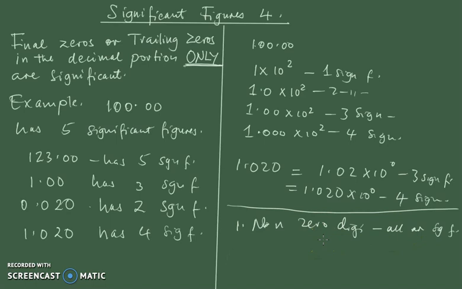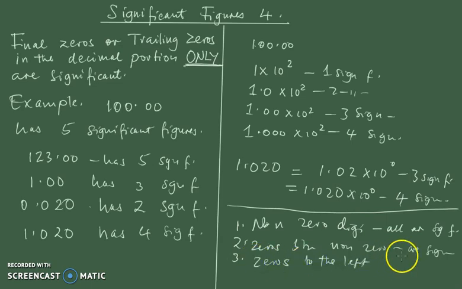The second one told us about zeros between non-zero digits; these are significant. And the third one talked about zeros to the left of a non-zero digit. These are not significant figures.